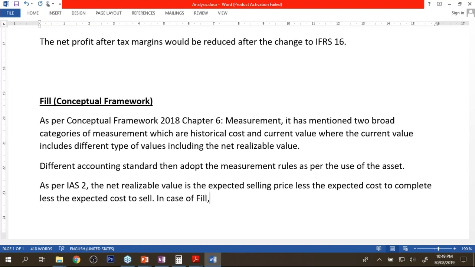So in case of Phil, the coal should be measured at the lower of the cost and the net realizable value.